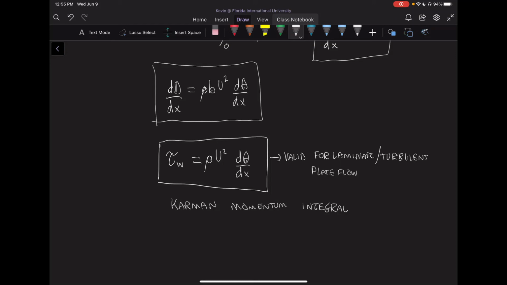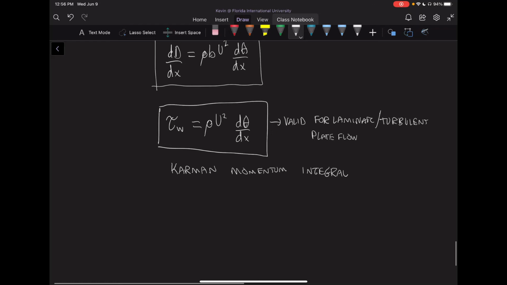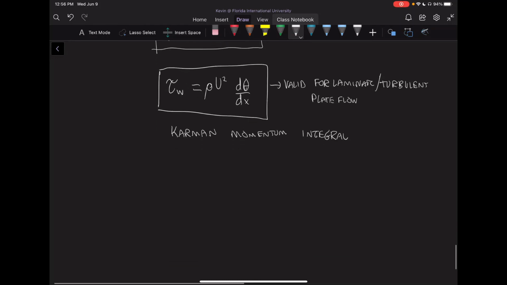From this Kármán momentum integral, there's a bigger derivation in your book, but with further derivation, he was able to come up with an equation for the desired thickness of an actual boundary layer that you would want.